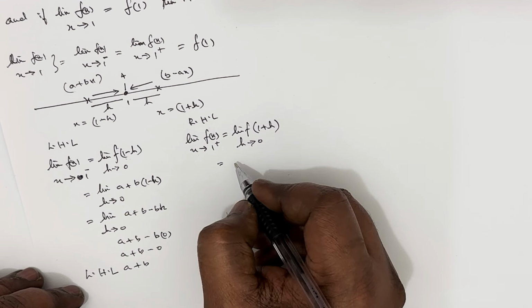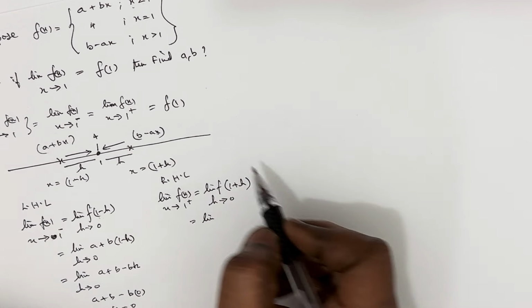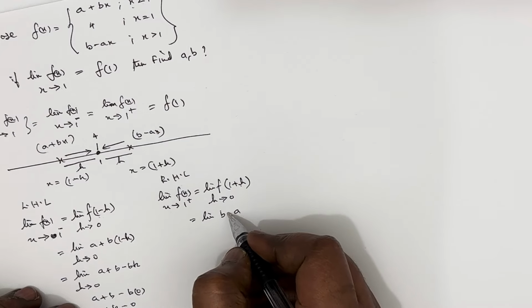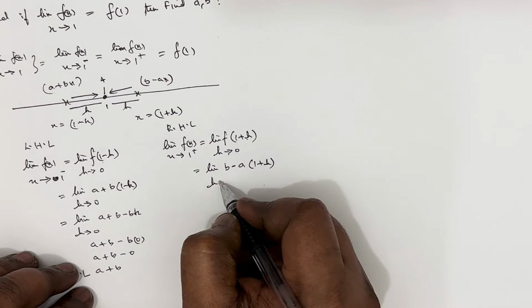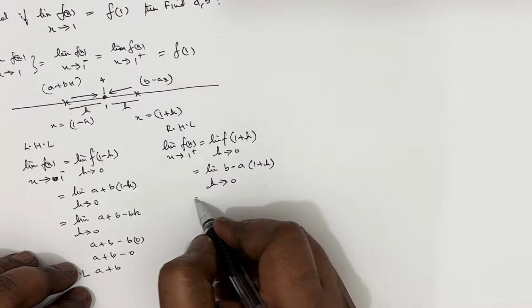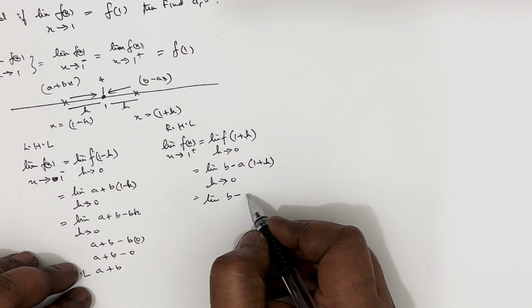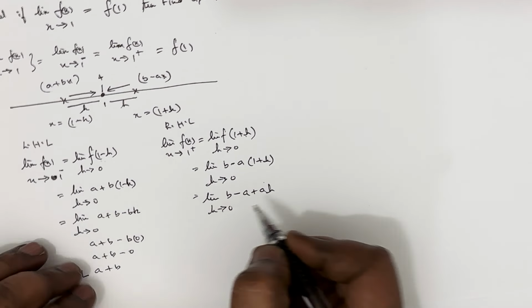Now we replace x in the function with 1 plus h: b minus a multiplied by 1 plus h as h tends to 0, which is equal to the limit of b minus a minus ah as h tends to 0.